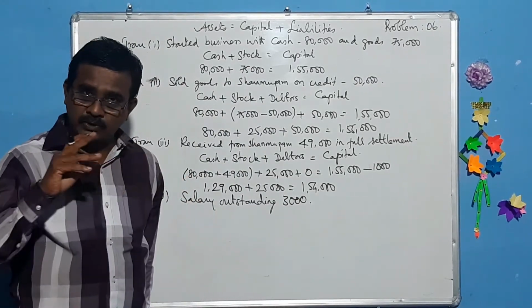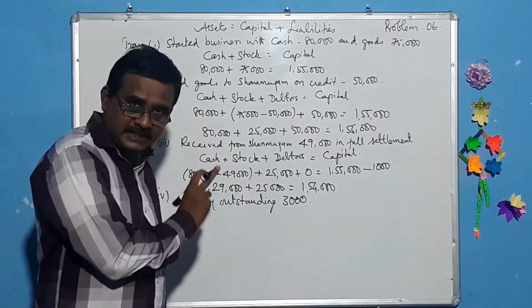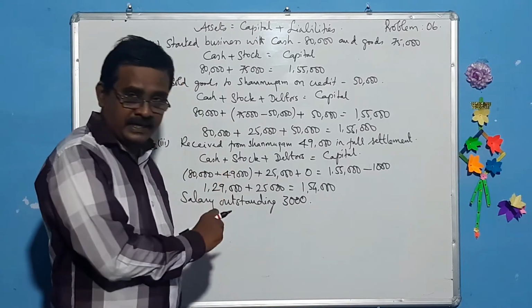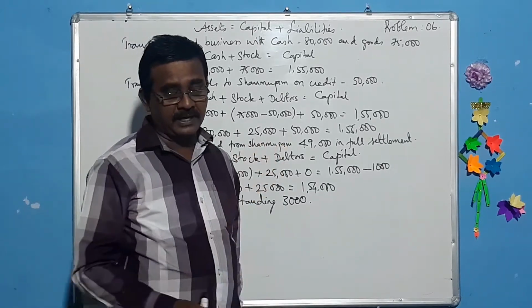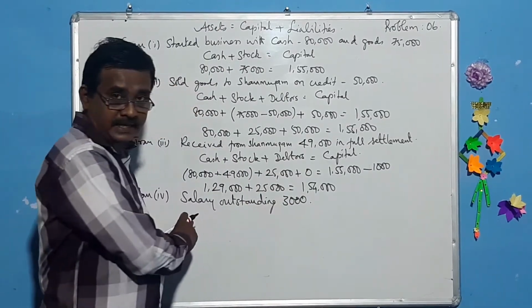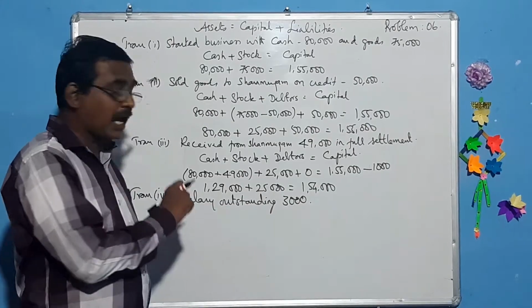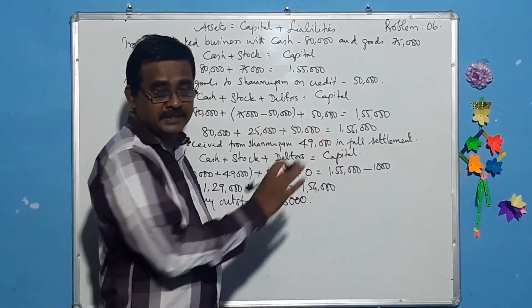Salary which we have to give. So that salary is an expense. So that should be deducted from the capital. And at the same time, we have not given this salary. So this becomes outstanding salary, and it should be shown in the liabilities side.